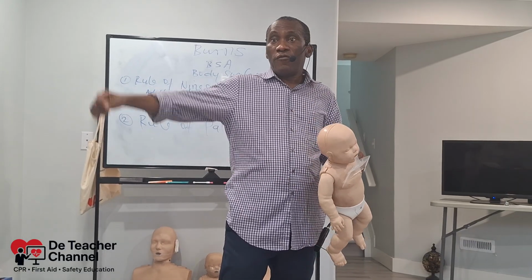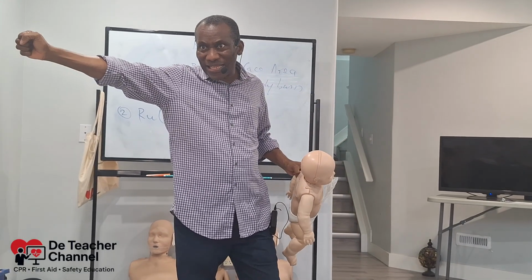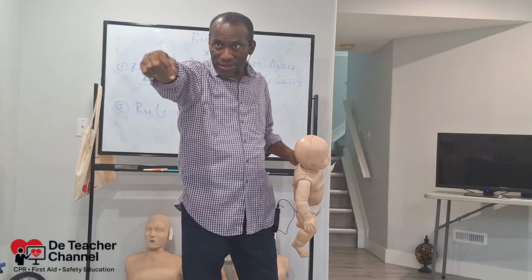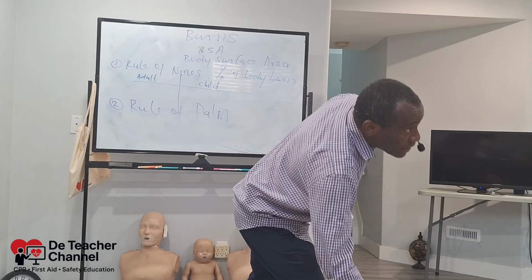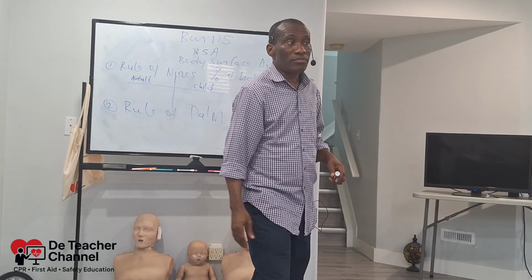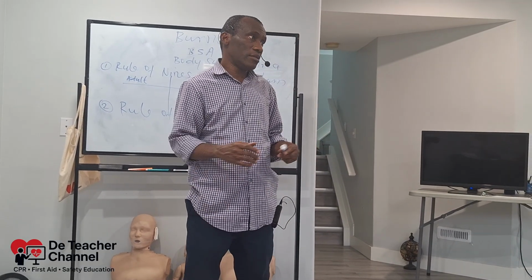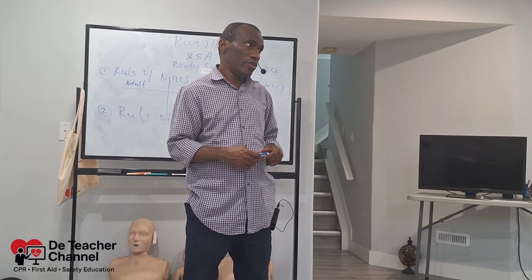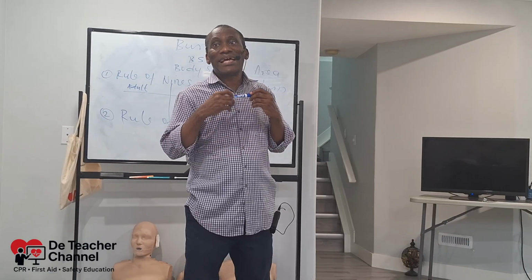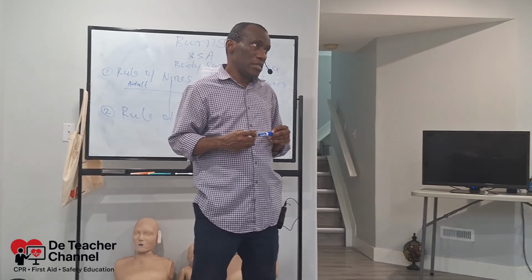For an adult, one hand is 9%. Everybody here is an adult. For a child, the head is 18. Yes, 18, the head and the neck of a child, young age.